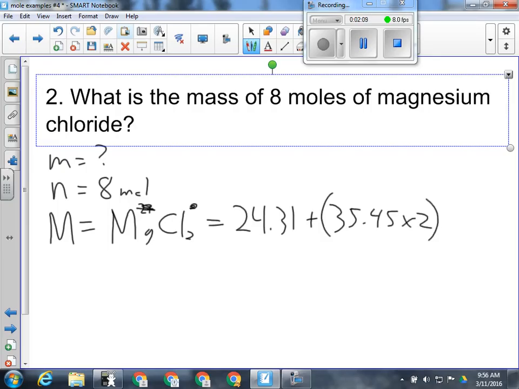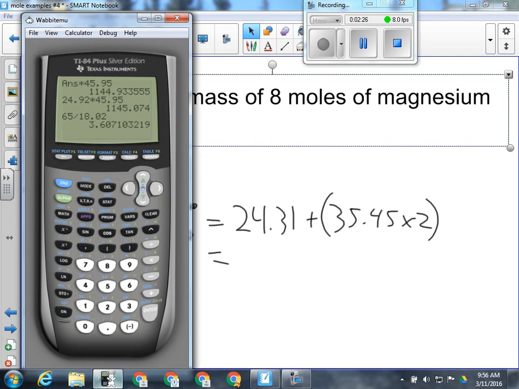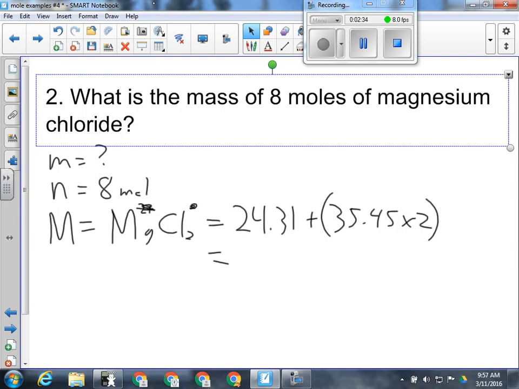I have put questions like that on unit exams before, and a significant percentage of people forget to do the swap and drop, thus getting the question wrong. That's the easiest part of the question, so make sure you get it right. So 24.31 plus 35.45 times 2 gives 95.21 grams per mole as our molar mass.